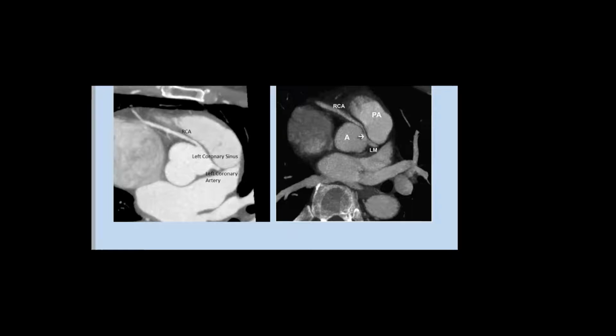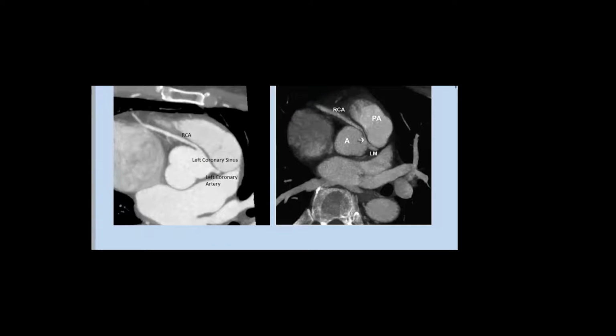So look at this RCA. It's coming with an angle. Look at it here. It's coming more acutely and it seems stenosed at the origin. It's a slit-like origin because of the acute angulation.